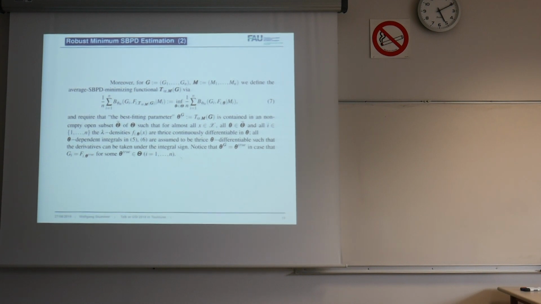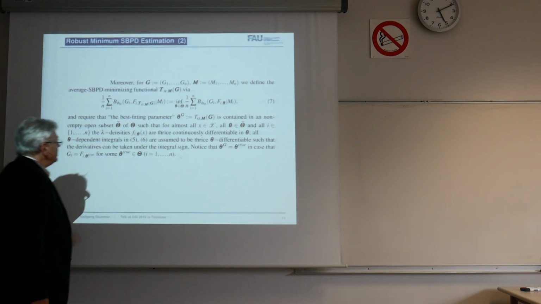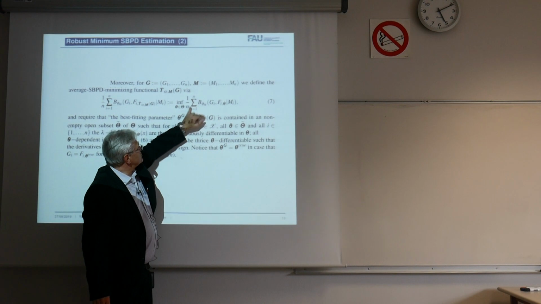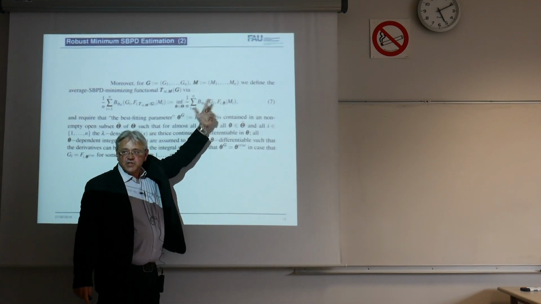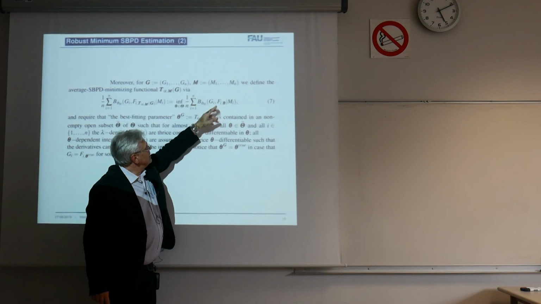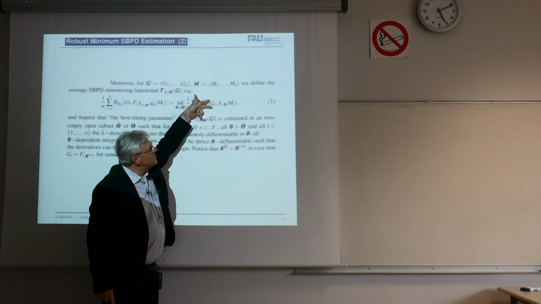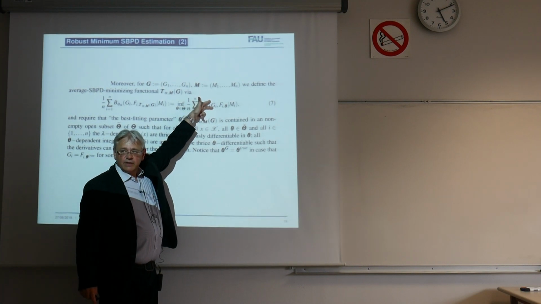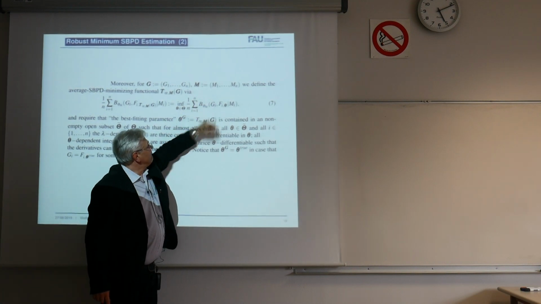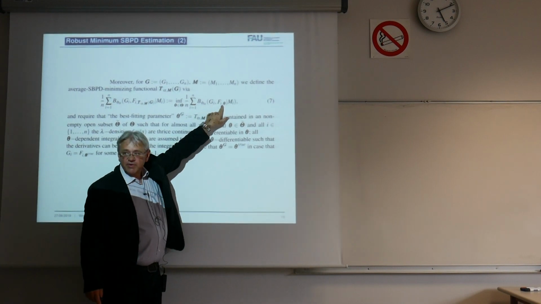But how do we do it? We take a minimum distance estimator, and the distance is the scaled Bregman distance. So you see, for each data point, remember, this is non-homogeneous, we have a different G, so that's the true unknown data generating distribution, and this is the model family.